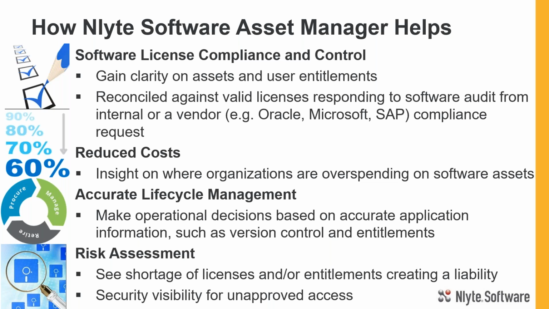From a risk management perspective, again, as you know, if you have a shortfall, you need to be able to see that shortfall. What is the shortfall? What's the shortage of licenses or shortage of entitlements to a specific service? The other thing, too, is that if you have metering in place, as an example, you want to be able to tell from a usage perspective who are your license hogs.